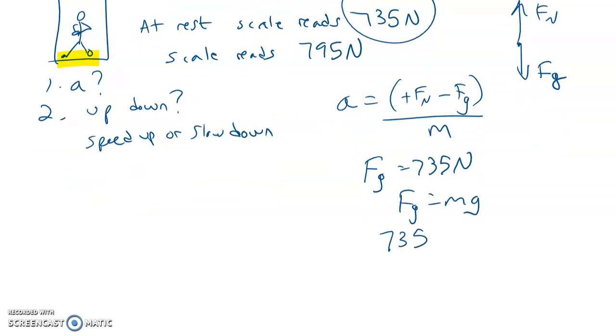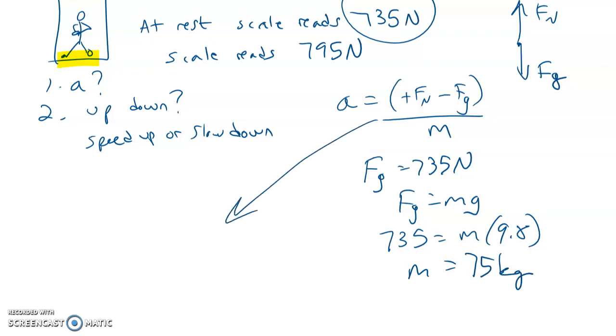So 735 is equal to m times 9.8. The mass of this person is 75 kilograms. Okay, let's plug this into our equation to figure out the acceleration. So the acceleration is equal to the normal force, in this new situation, if the scale reads 795 newtons, that's the normal force.